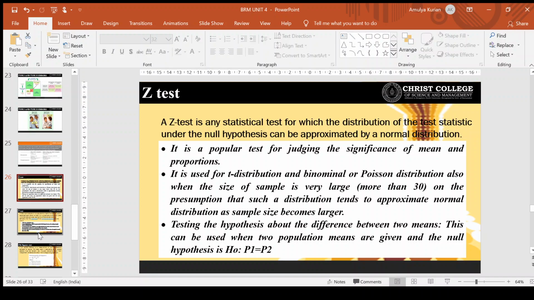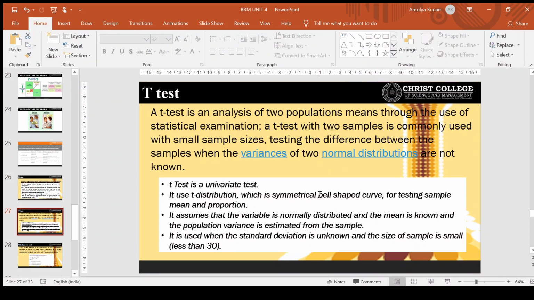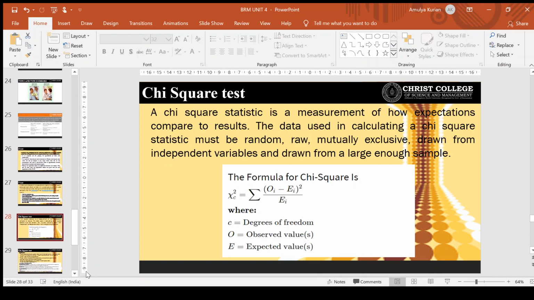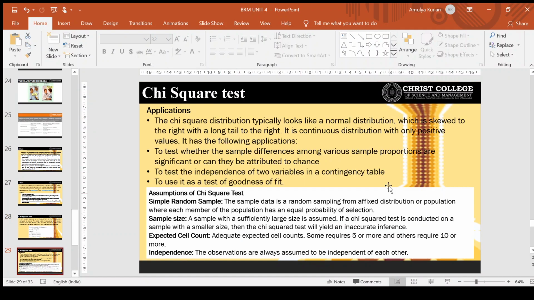When the sample size is more than 30, you will be using Z test, and when the standard deviation is known. T test, when we don't know the standard deviation of the population, but the sample size is small, less than 30. And chi-square test is again a parametric test where there are certain assumptions which are made, and these are the assumptions. I hope it is clear.